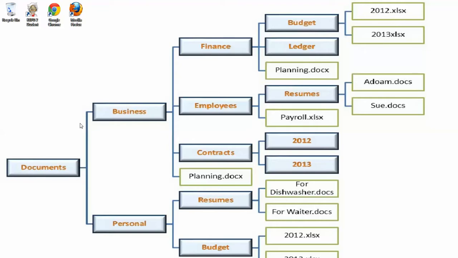So by reading the folder or directory names, you can figure out what this file is, even though the actual file name is very simple and does not necessarily reveal a whole lot, but it says 2012.xlsx. So this is one way to manage your files and folders.